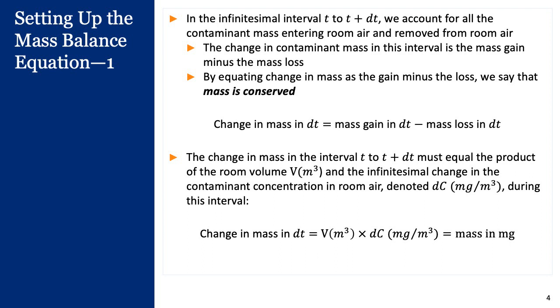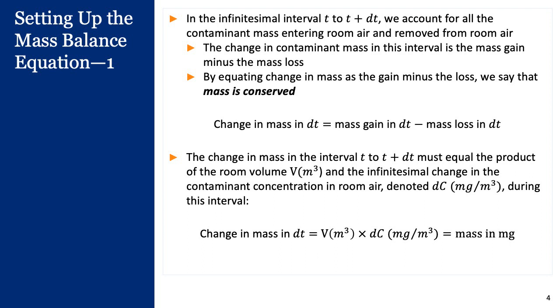And the change in the mass in this time interval t to t plus dt must equal the product of the room volume, V, which has units of cubic meters, and the infinitesimal change in the concentration in the room air, denoted by dc, which has units of concentration, milligrams per cubic meter.